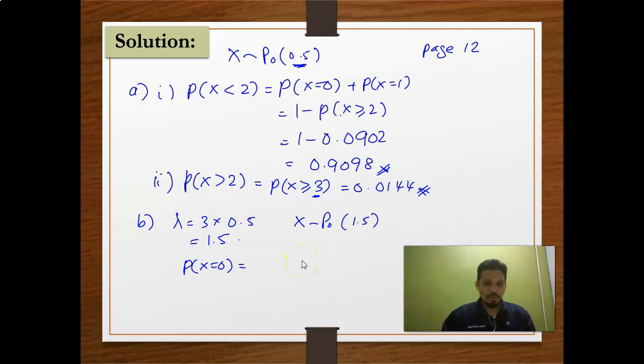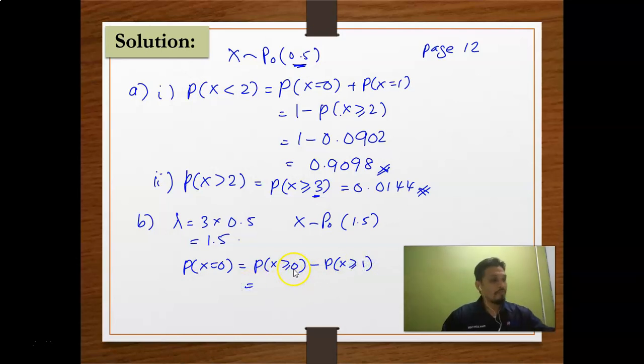Using the statistical table, it is the probability of x greater than or equal to 0 minus the probability of x greater than or equal to 1.